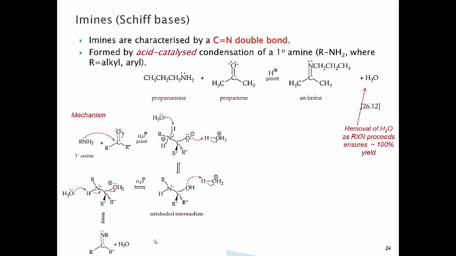So imines are known as Schiff bases. So they're characterized by that carbon-nitrogen double bond, and they're formed by acid-catalyzed condensation of a primary amine. So remember, an amine is an NH2 group that is attached to a carbon chain. So we've got propanamine, so we've got our amine and we've got our propyl group there, with propanone, so a ketone, and under acidic conditions at equilibrium, you can have this nucleophilic attack.